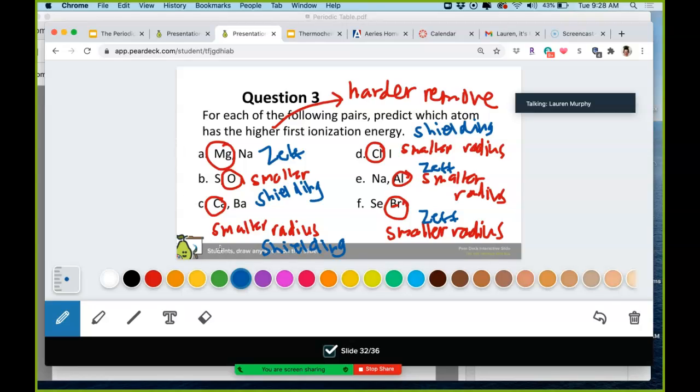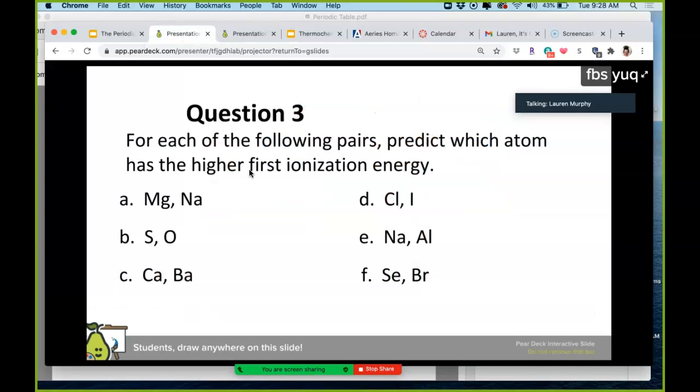So I should say for the smaller, it's less shielding, closer to the nucleus. Remember, the Zeff means effective nuclear charge. This stands for effective, and that Z means nuclear charge. All right, we have one more trend.